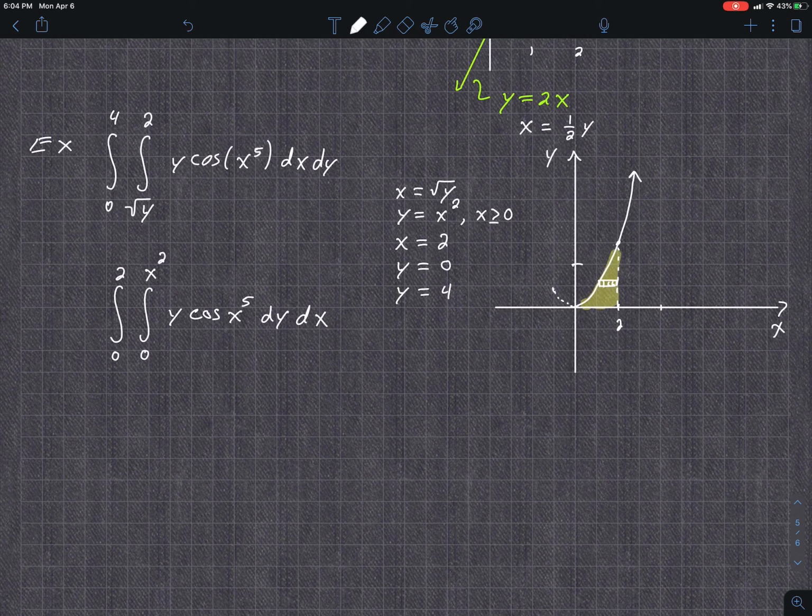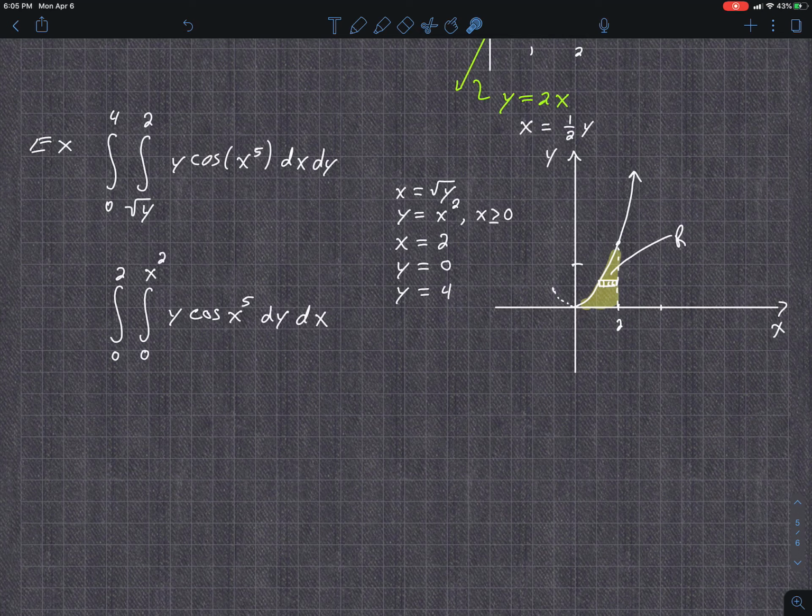So right now, we're going this way. And what we may want to do is look at our integration. If we want to integrate with respect to x, what we're looking at is your x to the 5th here, and that might make it more difficult to integrate.